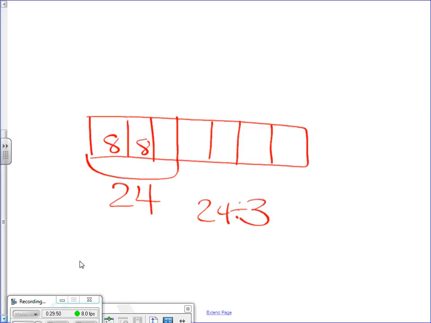So each one of these is 8, because all three of those together equal 24. If these are 8, the rest of them are 8. And then you multiply times 7. 7 times 8 is 56.